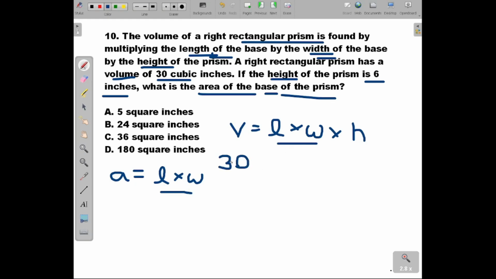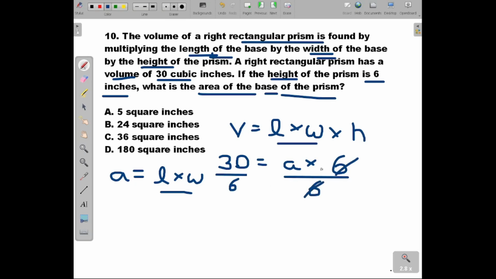The volume is 30 cubic inches equal to the area times the height. The height is 6 inches. We can divide the equation by 6.